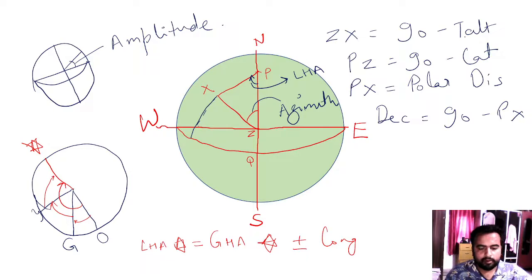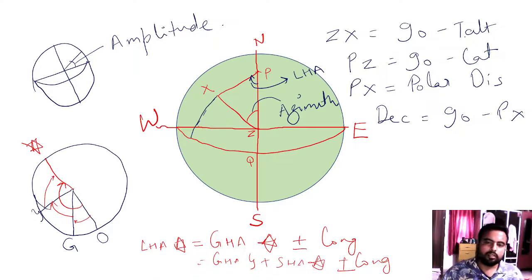So the formula becomes LHA star is equal to GHA Aries plus SHA star plus or minus longitude. From this formula you can easily find it out. So friends, this is how you can solve the PZX triangle, and it is very easy.